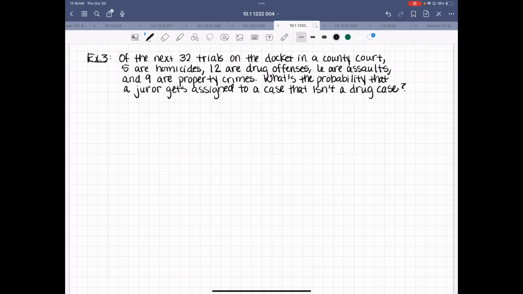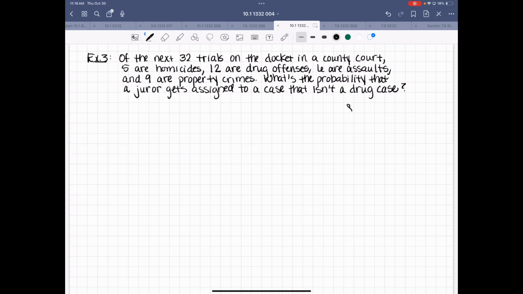Now, of course, the first thing we're going to do is set up that sample space. And honestly, setting up the sample space is pretty easy here because they tell us how many total there are, and how many of each kind of trial.